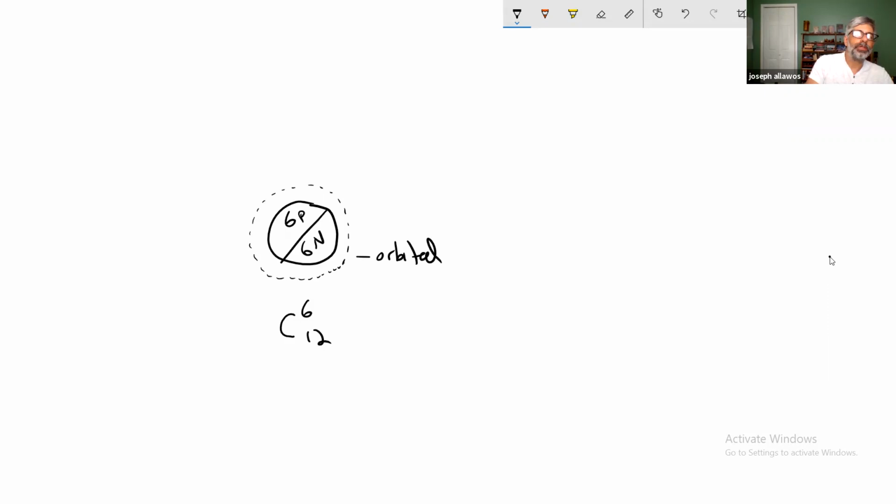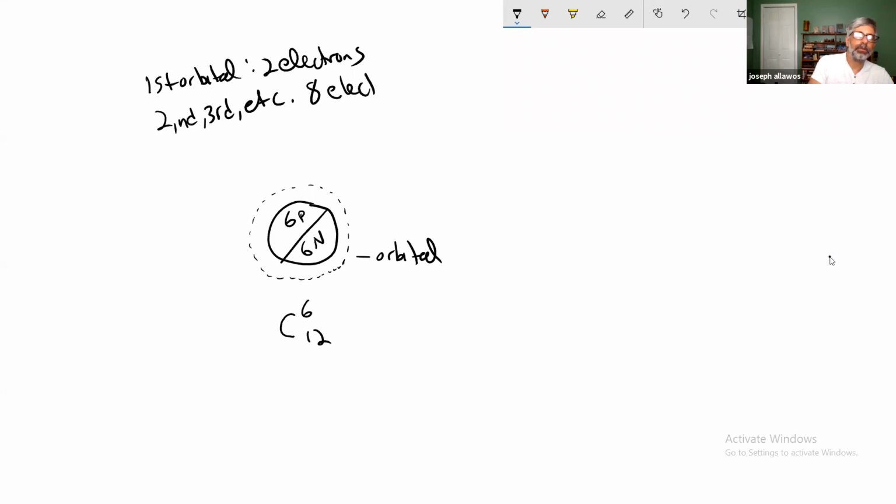There's a rule about orbitals and electrons. The first orbital can only house 2 electrons, but the second, third, etc., can house up to 8 electrons. So the way we draw an atom is pretty straightforward.